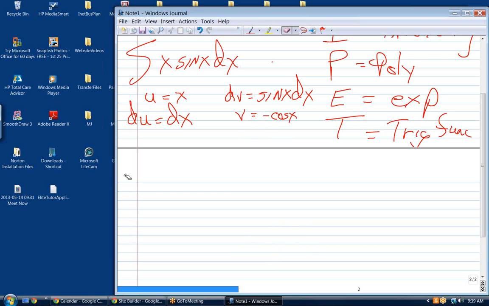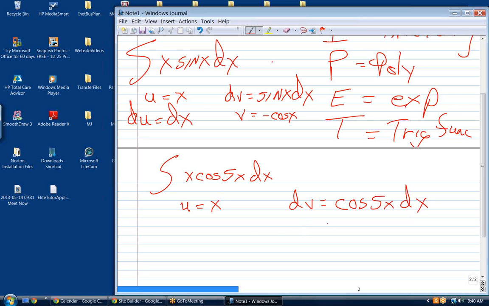It's the integral of x times cosine of 5x dx. This is going to be fairly straightforward, pretty much like the last one. So based on the LIATE rule, what is u going to be? x. Which makes dv cosine of 5x dx.